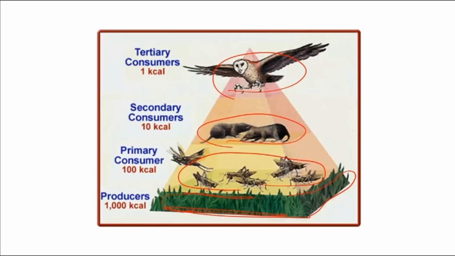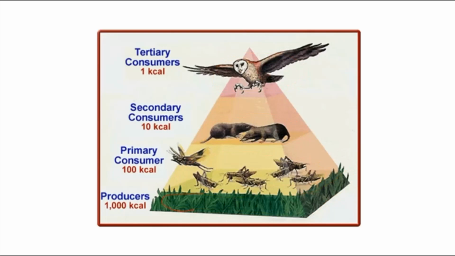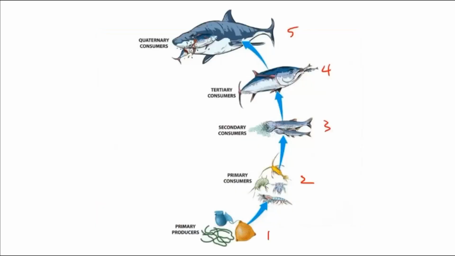Okay, now the reason for this to make sense is that when we have a food chain, let's just go back to a random food chain, you'll note the arrows are drawn from what gets eaten to what does the eating, right? So we're going from the phytoplankton here to the zooplankton.